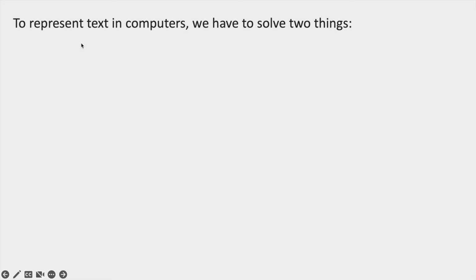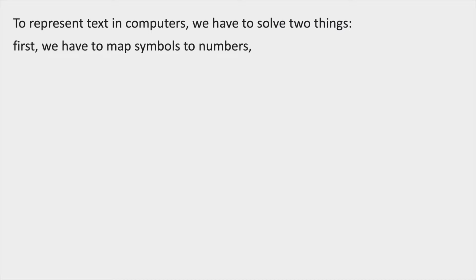To represent text in computers, we have to solve two things. First, we have to map symbols to numbers. Here symbols are A B C D F G H, 1 2 3 4, comma, full stop, all the characters. So we have to map each symbol to a unique number.